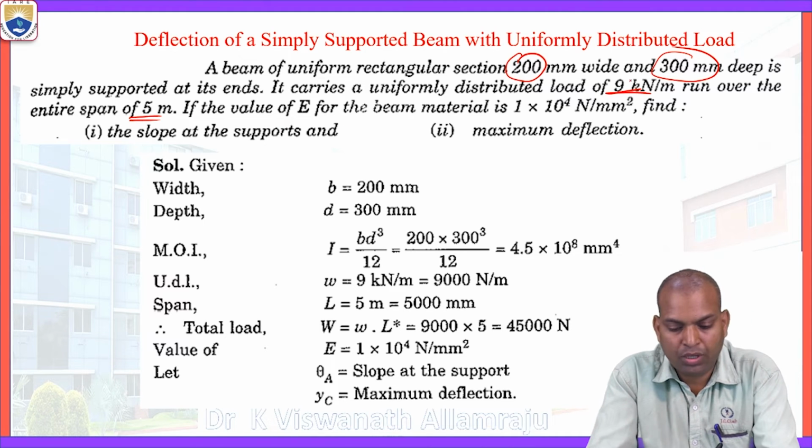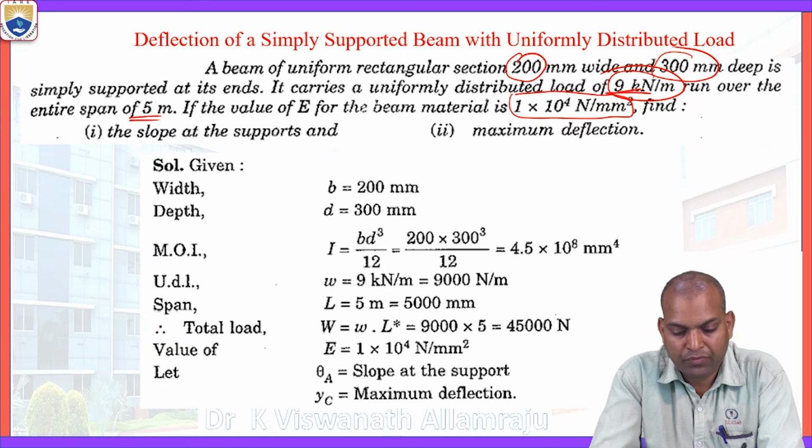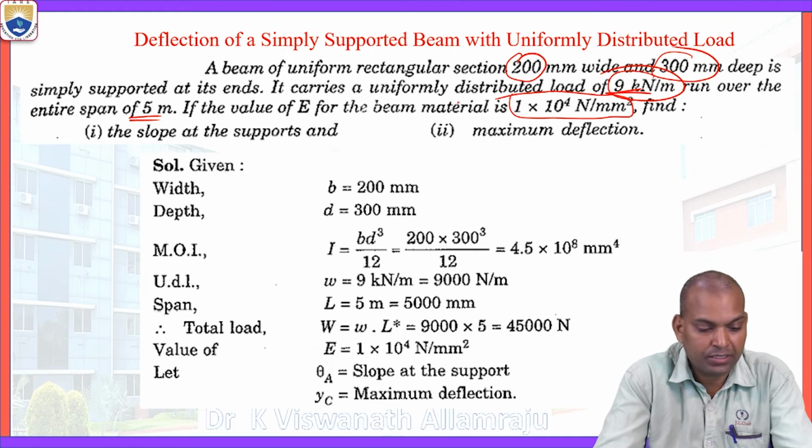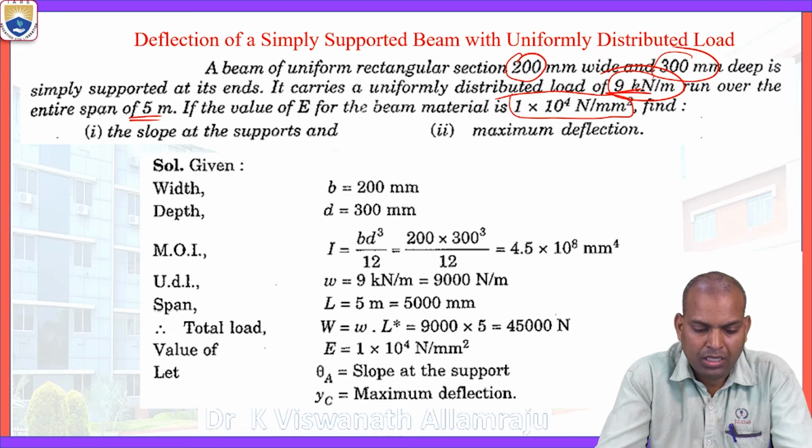If the value of E of the beam material is 1 into 10 power 4 Newton per square millimeter, find the maximum deflection and the slope at the supports.